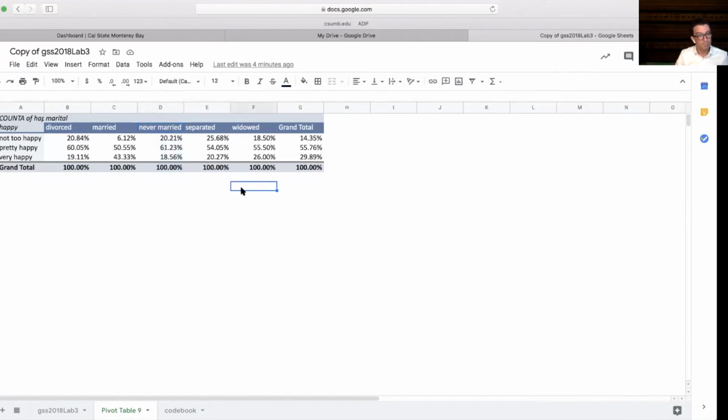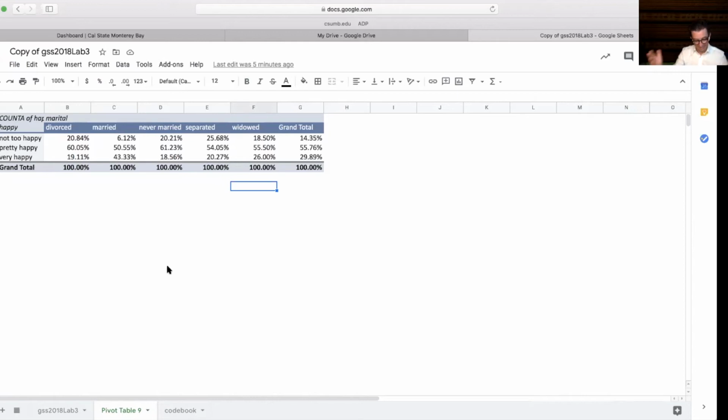Anyway, if we look at this, then we know that these two variables are related. Now, can we say that marriage causes happiness? Not necessarily, right? We know that they are related, but then we would have to establish that the marriage came before the happiness, and we also would have to establish that there's no other variable creating this relationship, right?